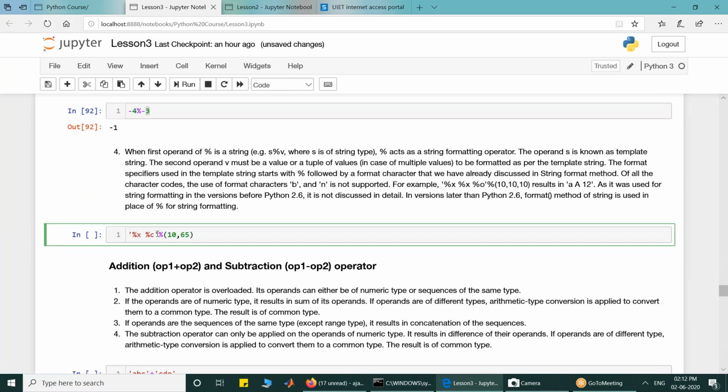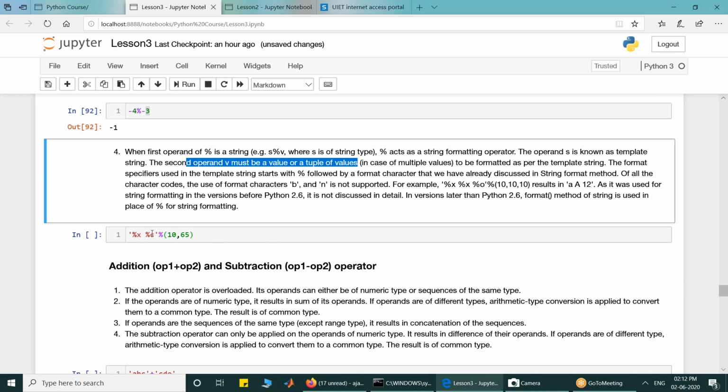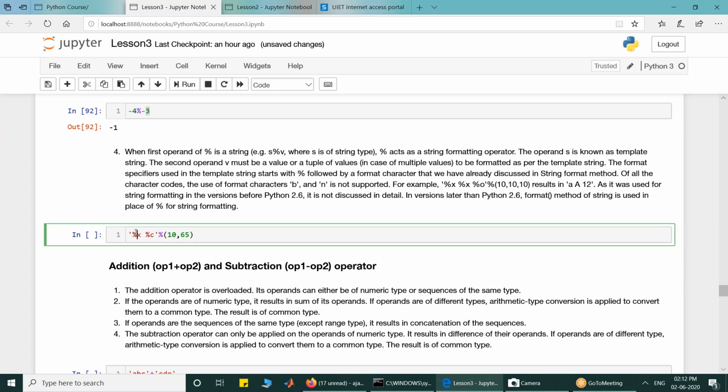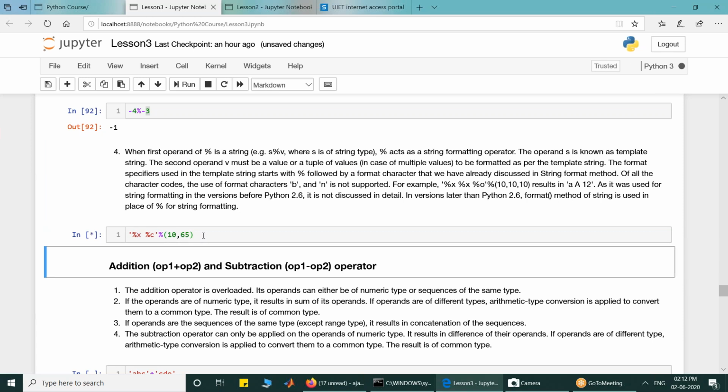The first operand is a string. The second operand is a tuple, so the second operand must be a value or tuple of values. In this case, 10 is written according to hexadecimal and 65 is written according to character.